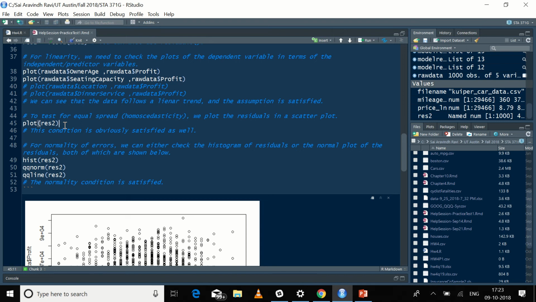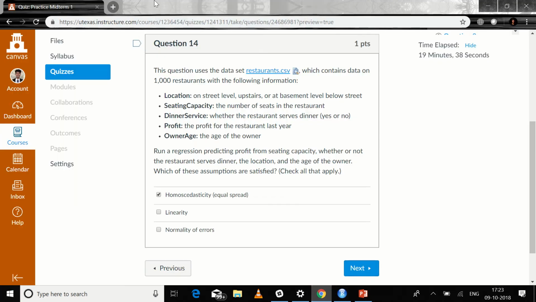If it's a multiple regression, you're supposed to plot the fitted values. Let me see if I can pull that up from the lecture.